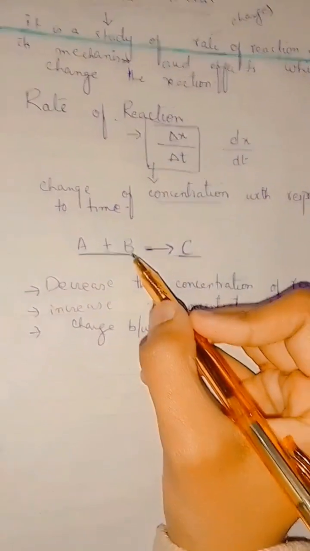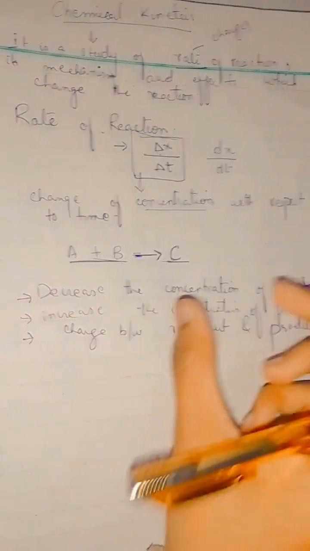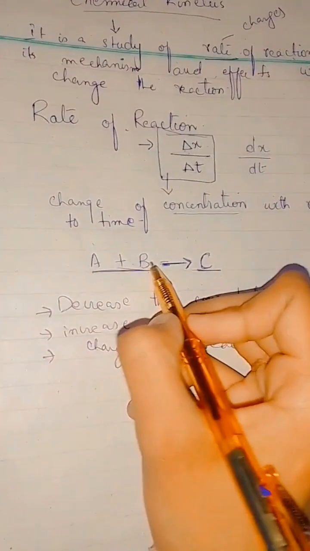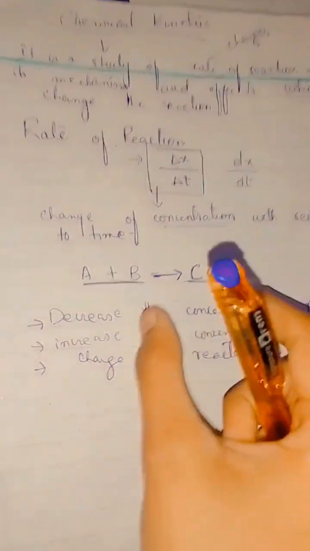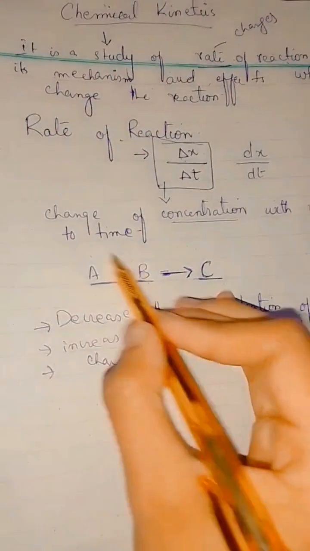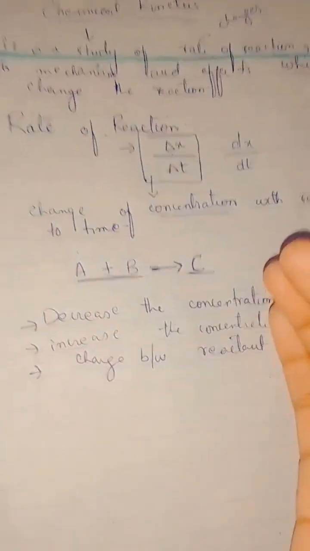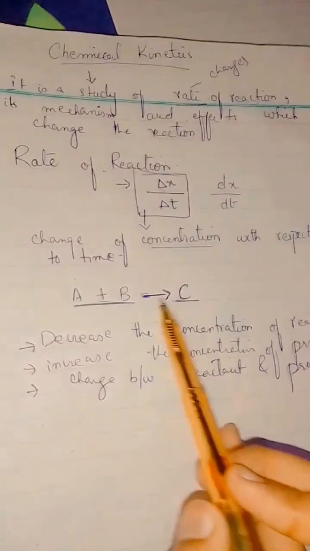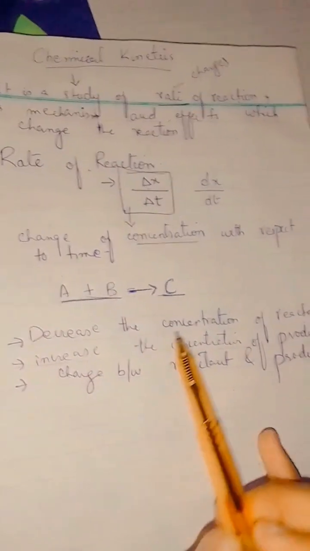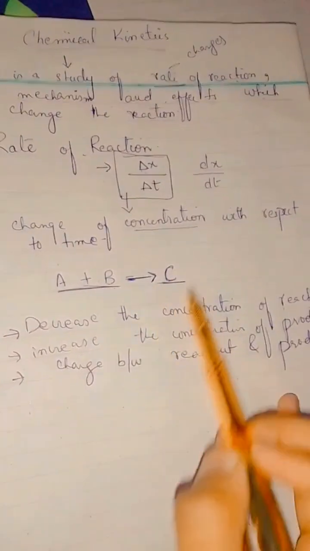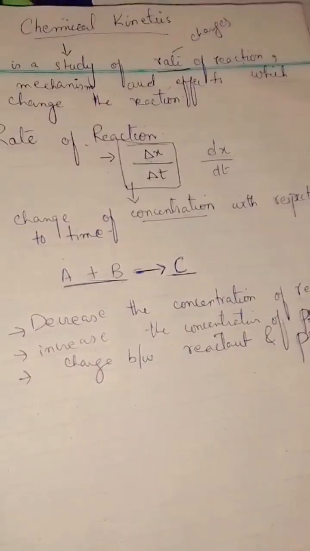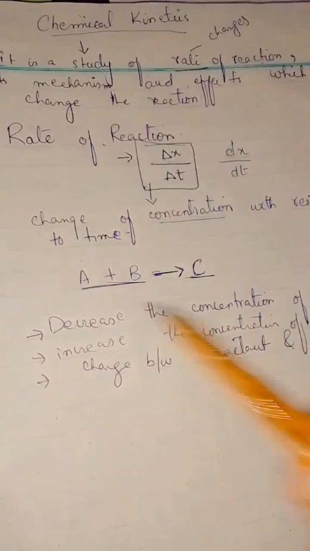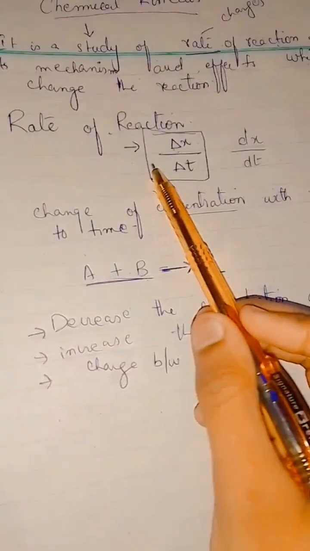First of all, the concentration of reactant will decrease, because when there is a reaction, obviously when these reactants are consumed, a product is formed. So the concentration of reactant will decrease and the concentration of product will increase, meaning a product is formed. That change is known as the rate of reaction.